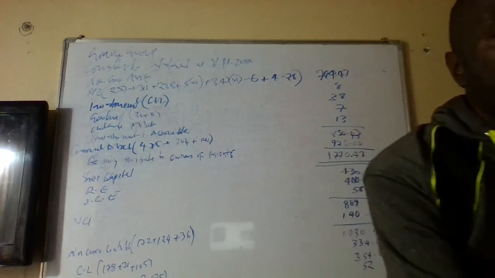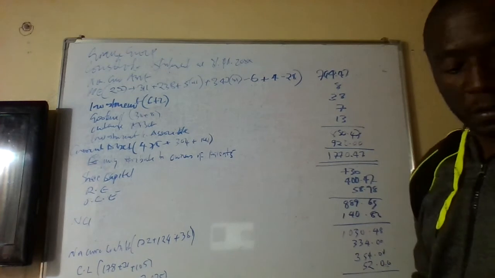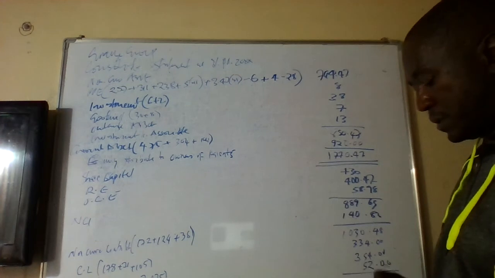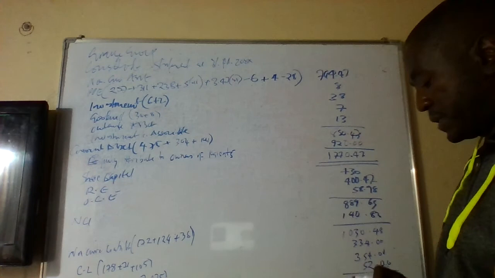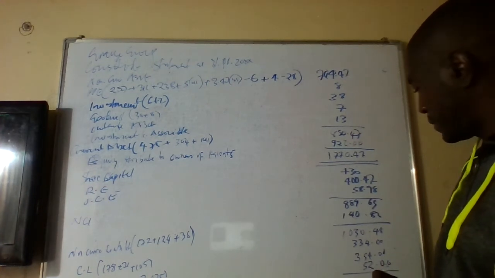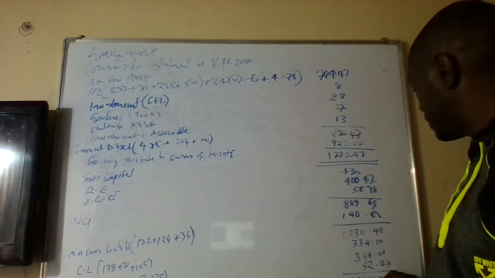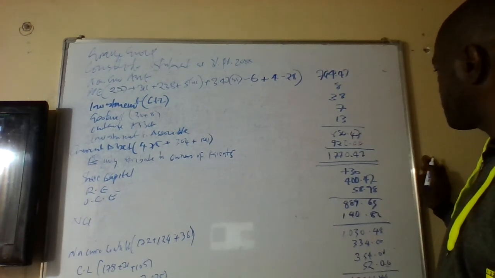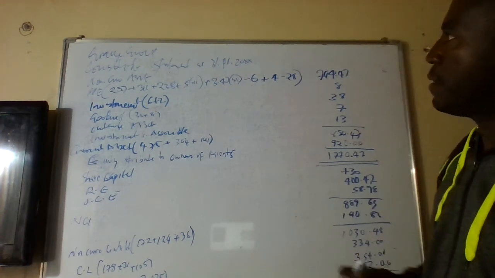So that when you add everything, total liabilities: 1030.48 plus 334 plus 354 plus 52 gives you 1770.48 against 1770.47. Anyway, that is due to rounding off. There's just a difference of 1.